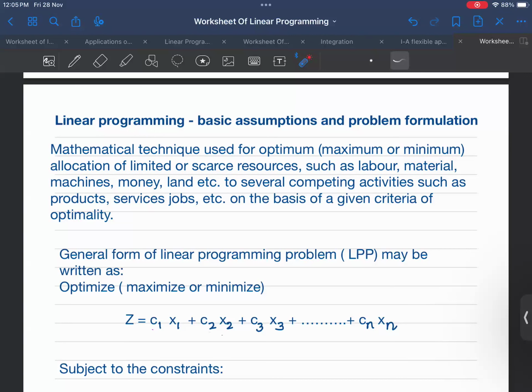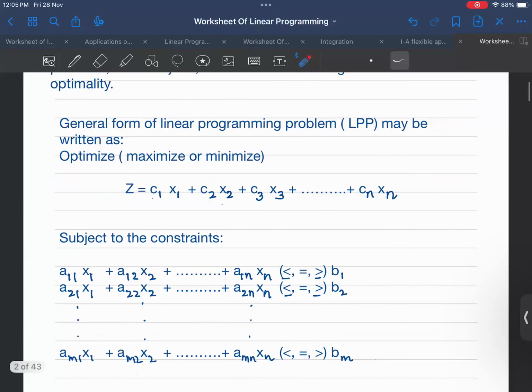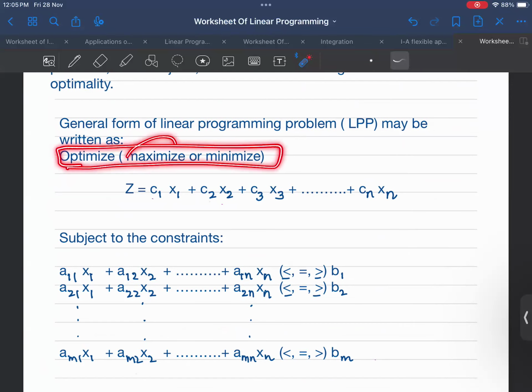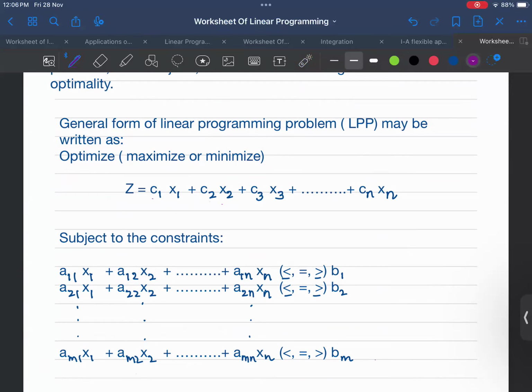So the general form of LPP may be written as, first of all, we will write optimize. What optimize? Maybe maximize or maybe minimize. I just told you when it's a profit case, generally we say it's a maximization of the profit. If it's a cost, then say minimization of the cost or the wastages. And in that case, we say that Z is an objective function.